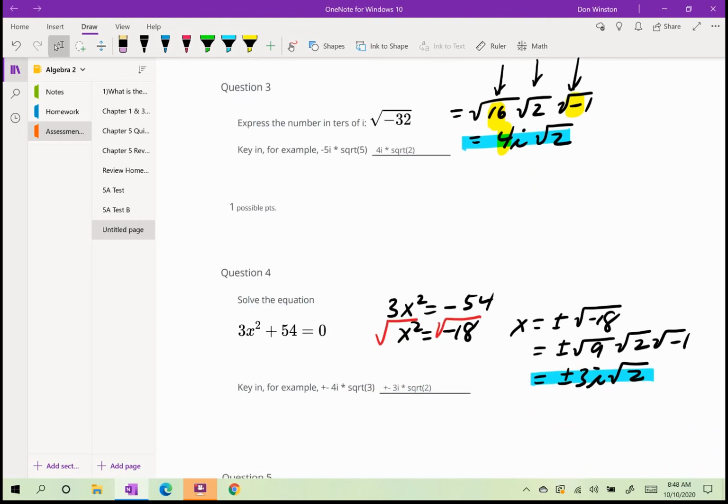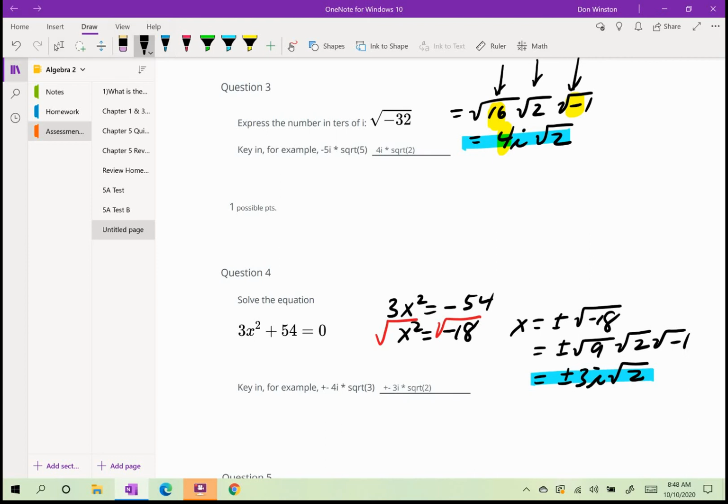Now this is where we're actually solving for x squared. We'll get plus or minus here. In the other ones, we were just simplifying a radical. So we have 3x squared plus 54 is equal to 0. Subtract 54, we get 3x squared equals -54. Divided by 3, we get x squared is equal to -18. And now you take the square root of both sides, and you get x is equal to plus or minus the square root of -18.